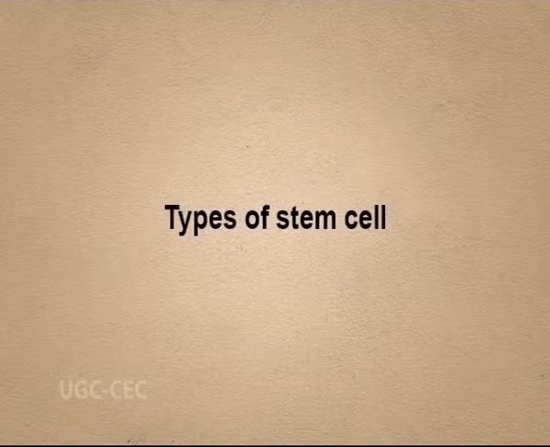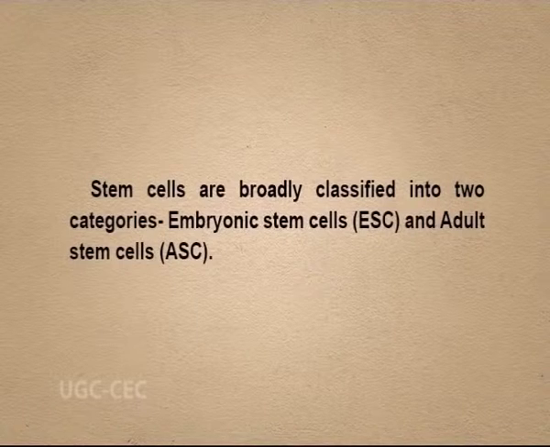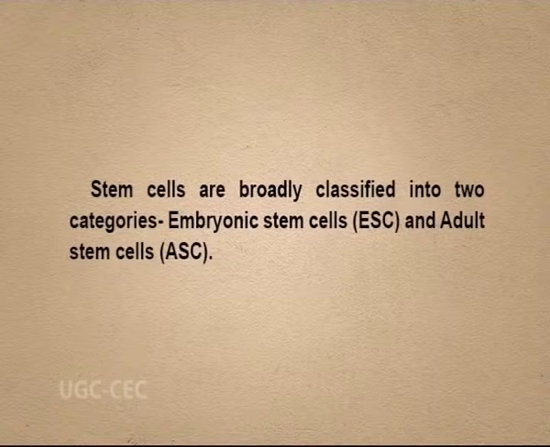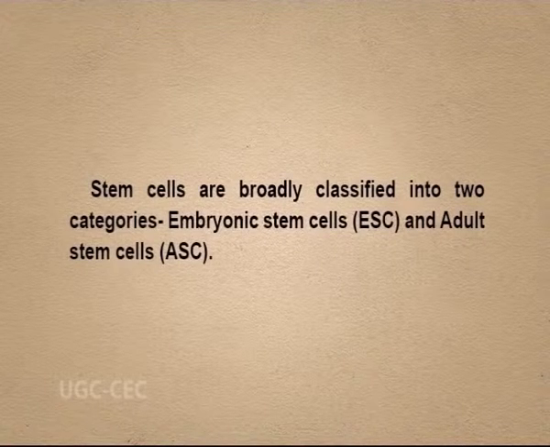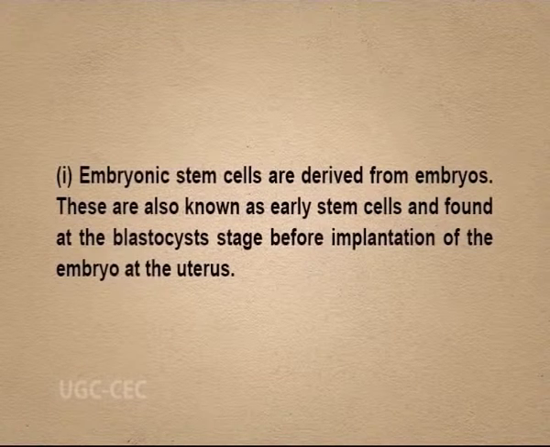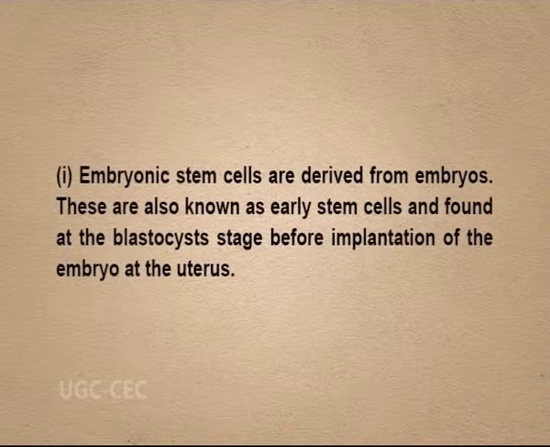Types of stem cells. Stem cells are broadly classified into two categories: embryonic stem cells and adult stem cells. Roman numeral 1. Embryonic stem cells are derived from embryos.